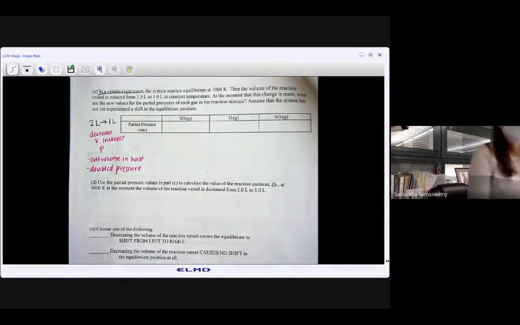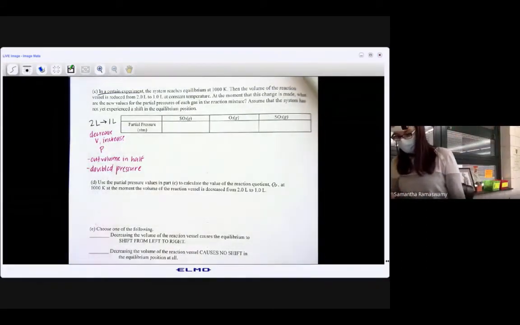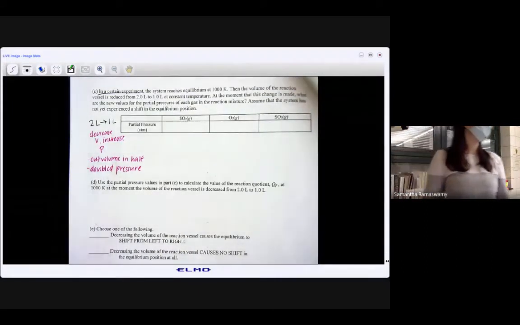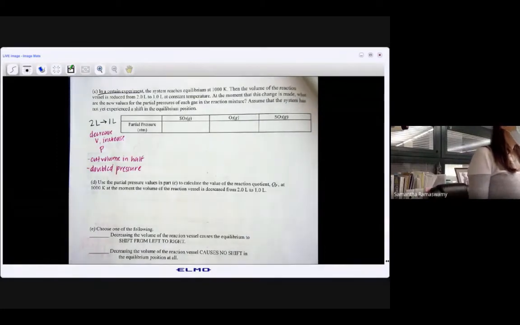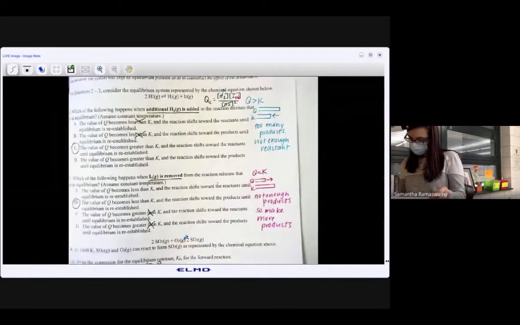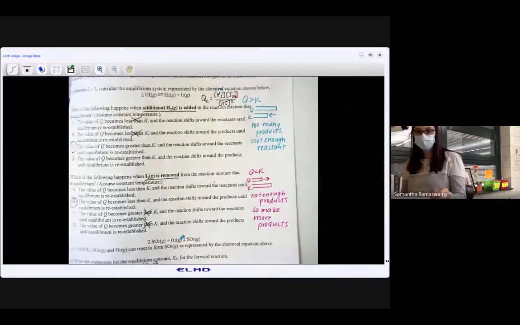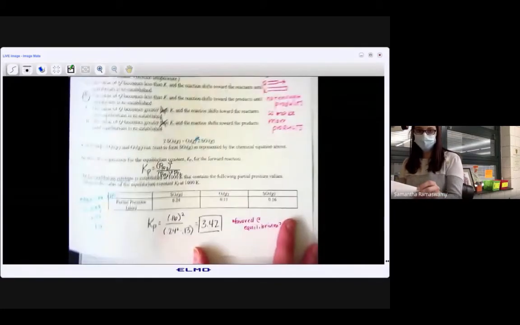So if you look back at part B, all of our partial pressures that were given in part B, we change the volume, we're doubling all of those pressures. So instead of 0.24, 0.13, and 0.16, we're doubling those.